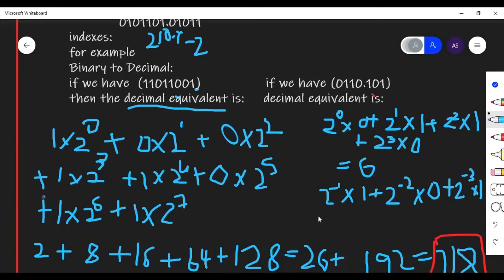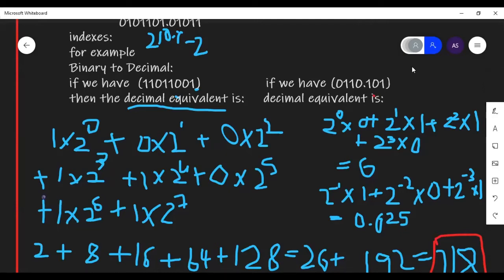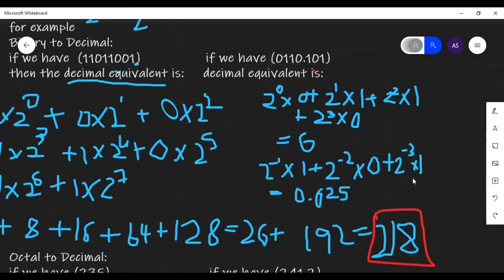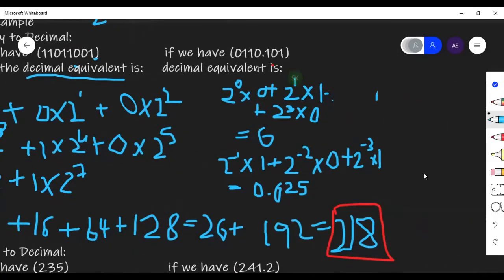Since we know that 2 to the power minus 1 is 0.5 and 2 to the power minus 3 is 0.125, we'll get 0.625 behind the decimal on the other side. So hence the decimal equivalent of that is 6.625, and that is our final answer.